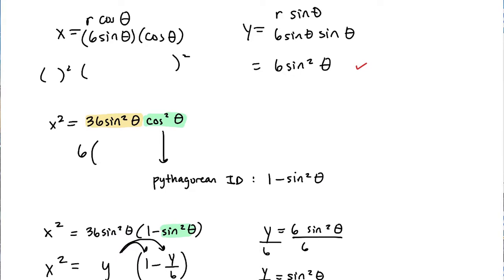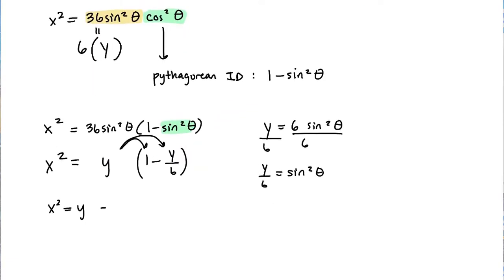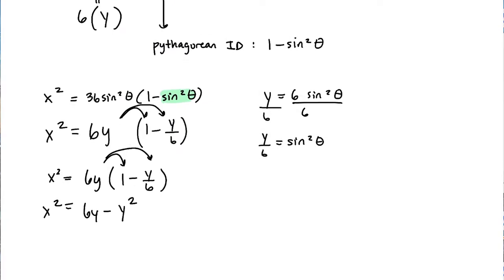This should be 6 times y. So I have 6y times 1 minus y over 6. Distributing that 6y, I get 6y minus y squared is equal to x squared.